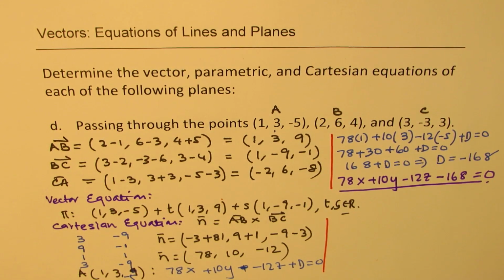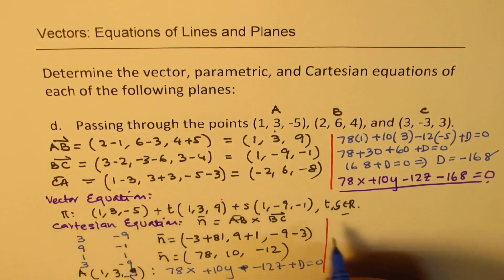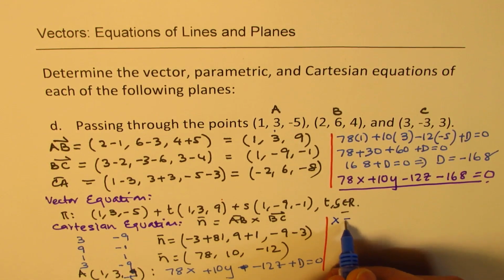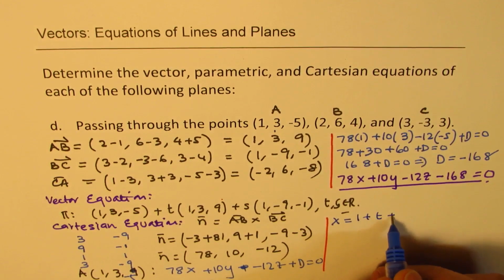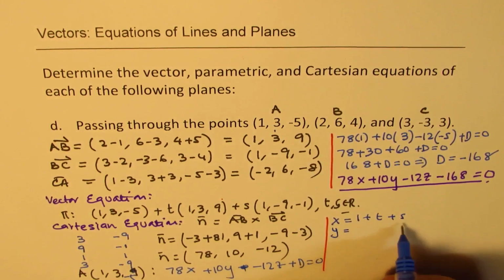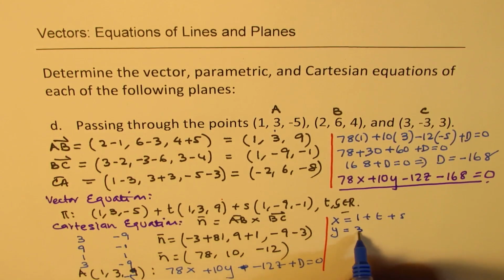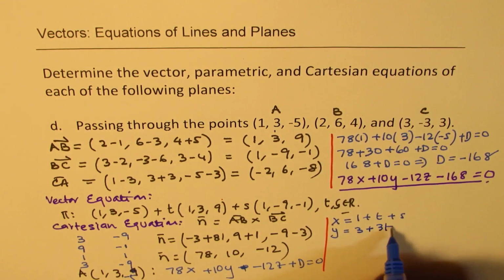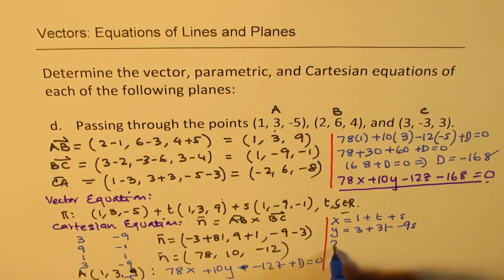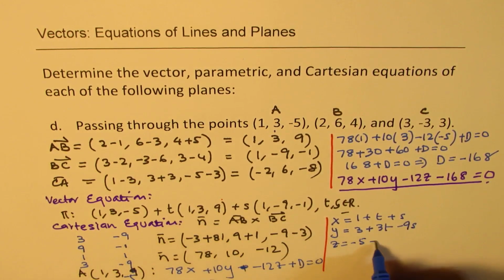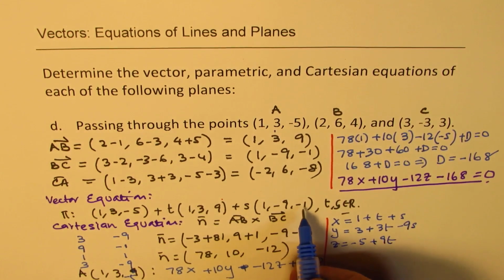Finally, we are left with some space, so no harm. We'll write down the parametric equation also to end this video. x equals 1 plus t plus s, y value will be 3 plus 3t minus 9s, and z value will be minus 5 plus 9t minus s.